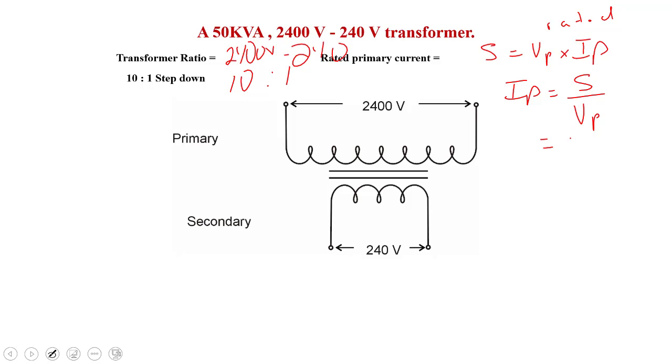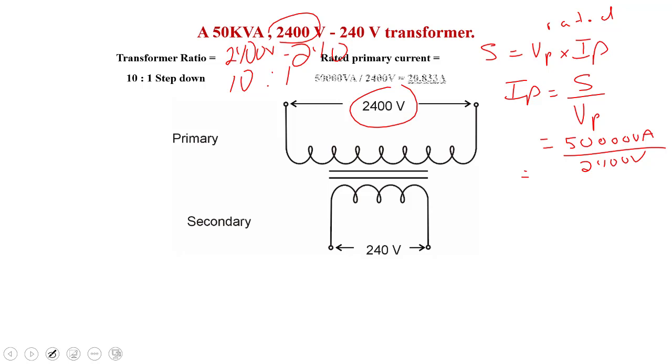So we're going to go 50 kVA or 50,000 VA, or 50 times 10 to the 3 if you want to put it in your calculator that way. And we are going to divide it by a rated primary voltage, which is 2400 volts. And that comes to 20.833.